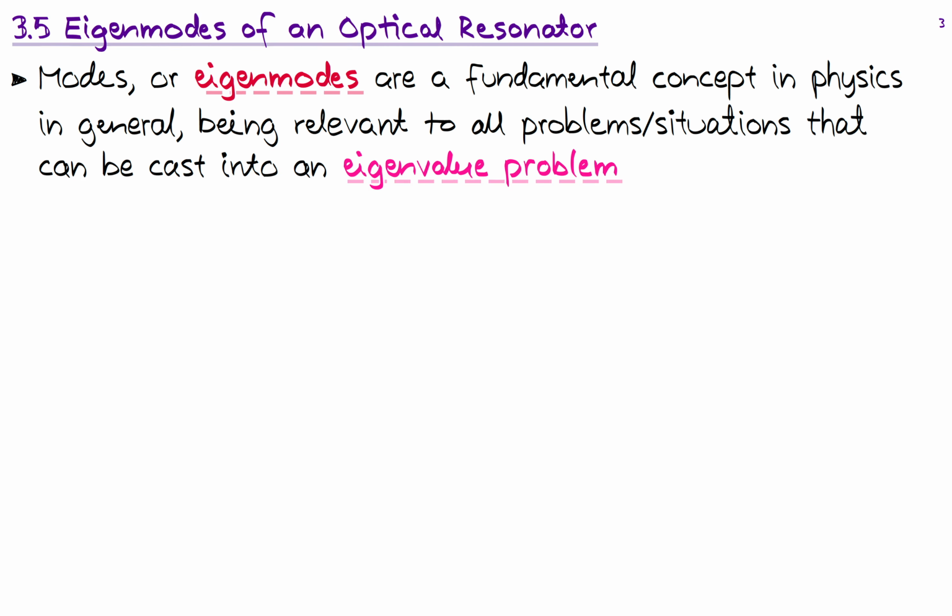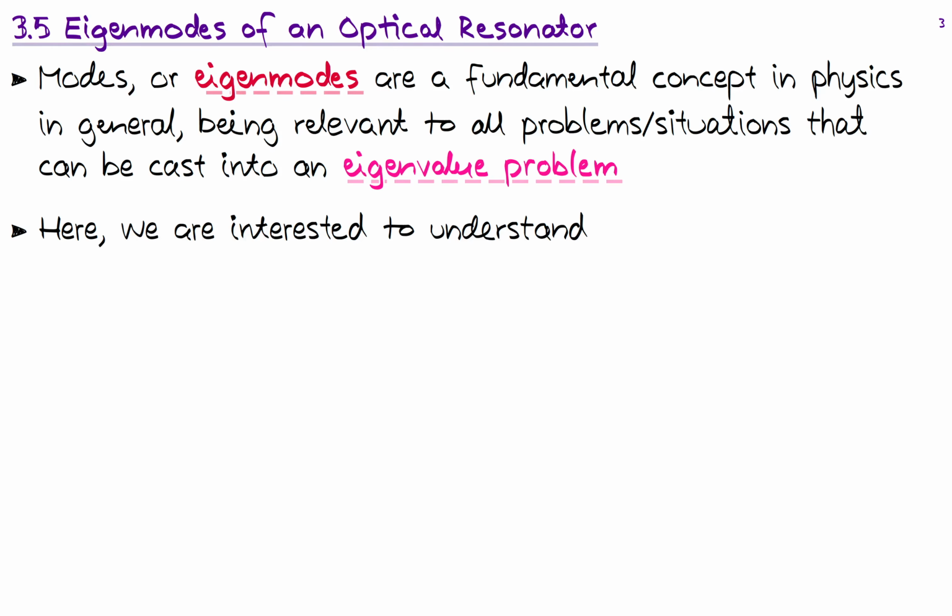And if you Google around or ask your mathematician friend, you see that eigenvalue problems are everywhere in nature, in engineering sciences, and in our society. So they are an extremely important piece of mathematics. And we are now relying on this mathematics to understand how a laser resonator behaves.